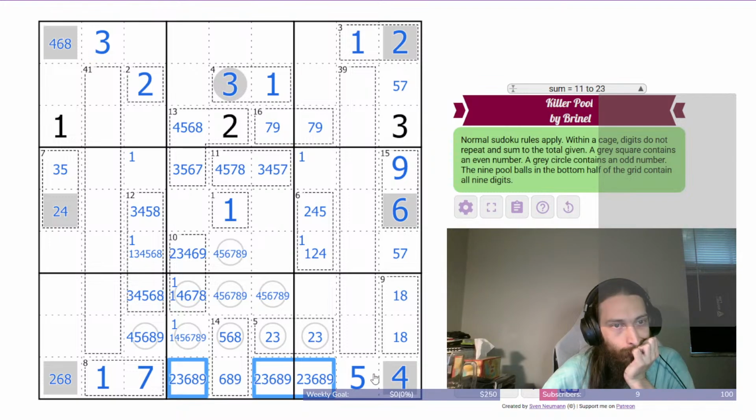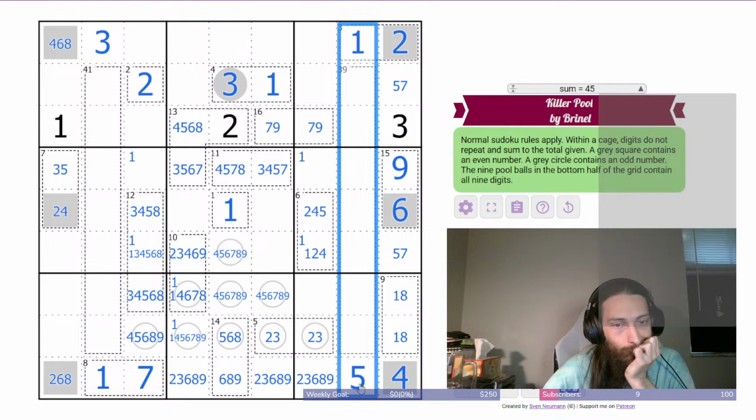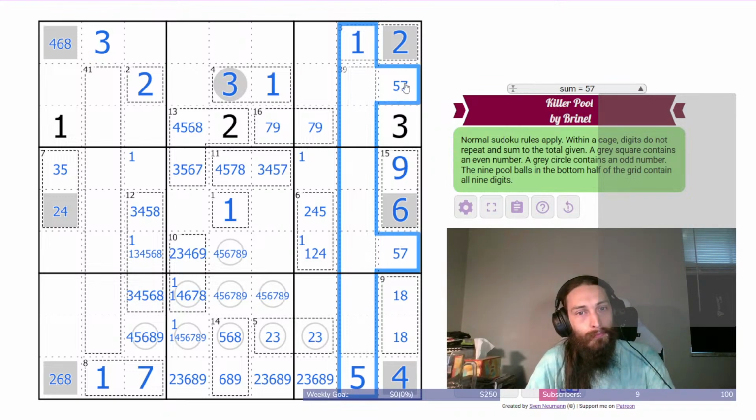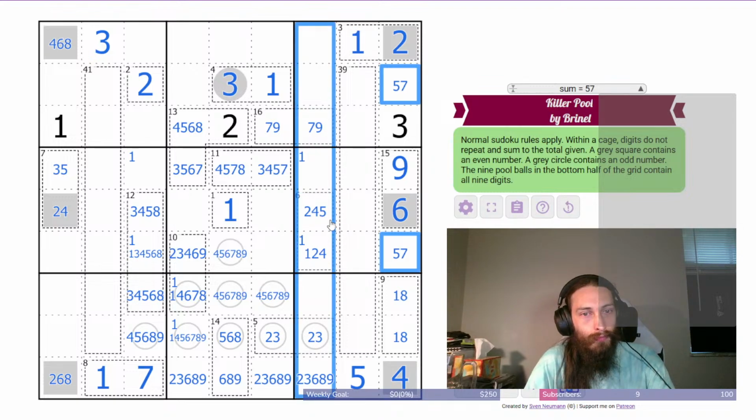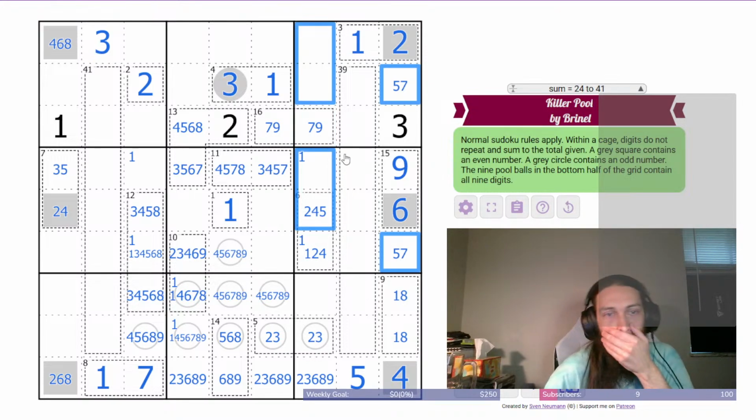Since there's a 5 in column 8, and there's a 5 7 pair in column 9, and the 5 would have to be if no, never mind. That wasn't, that was wrong thinking on my part.